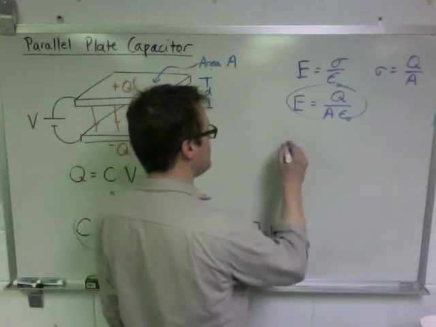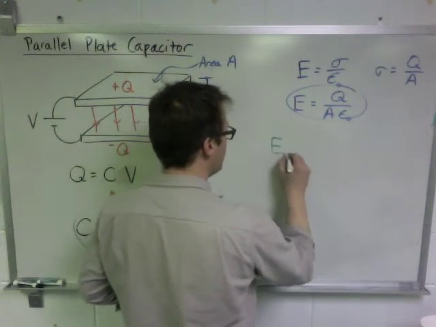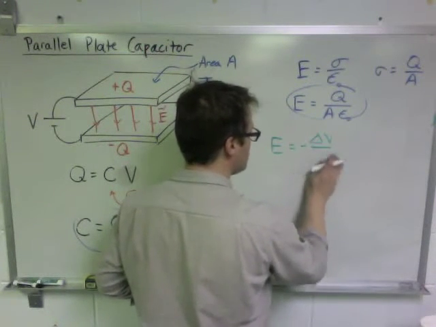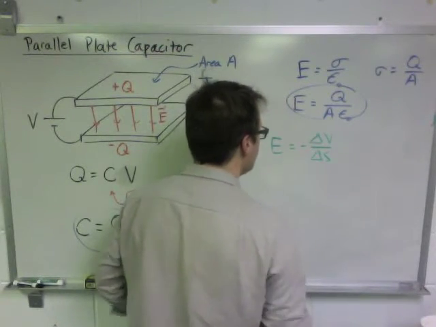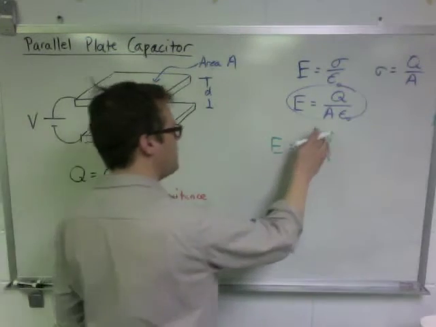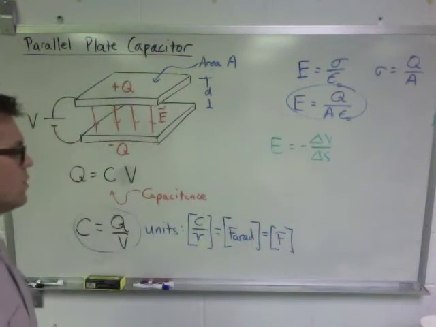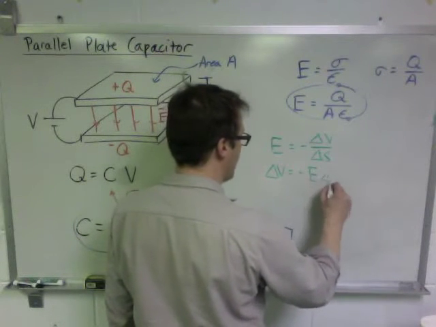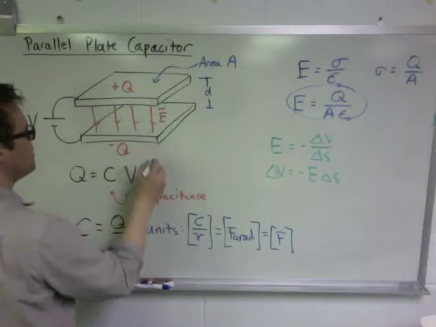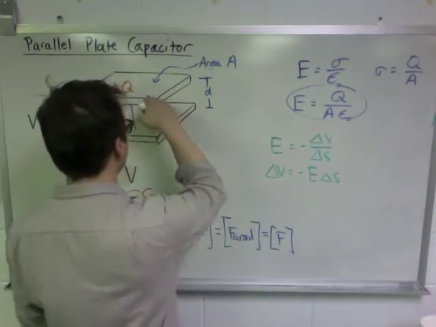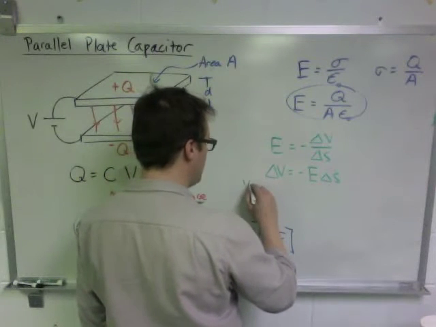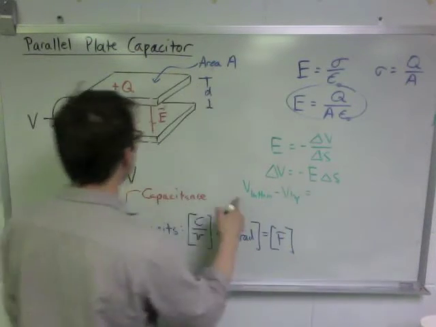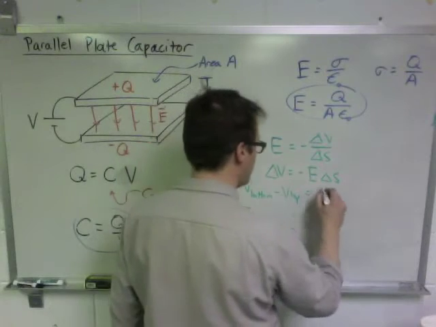Another one that's useful is that E is equal to delta V over delta S. Remember this? That there's a very straightforward relationship between the electric field and the change in the potential over some displacement. This means that delta V is going to be equal to negative E times delta S. And so let's imagine this is point A, this is point B. If I go from top to bottom, then delta V would be V bottom minus V top, which in this case would just be negative V from the battery.